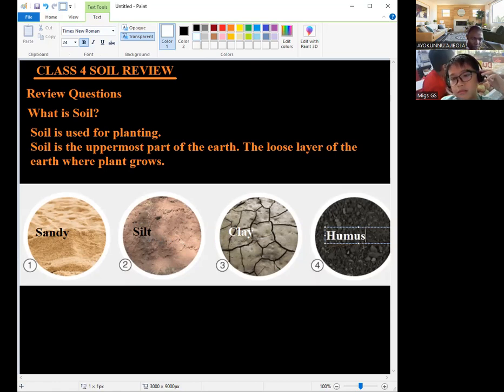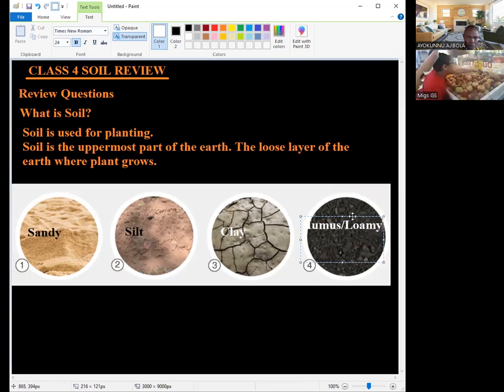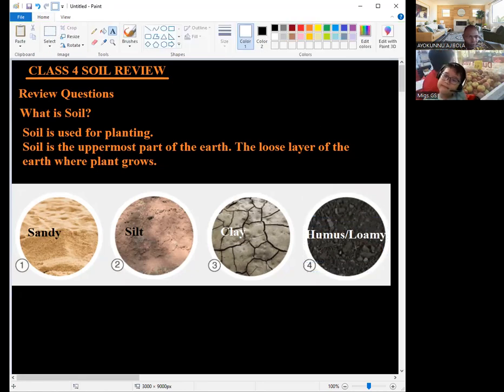Humus or loamy soil. It's a black soil, a humus soil, or you can call it loamy soil, okay? Good, so we've been able to identify these types of soil.